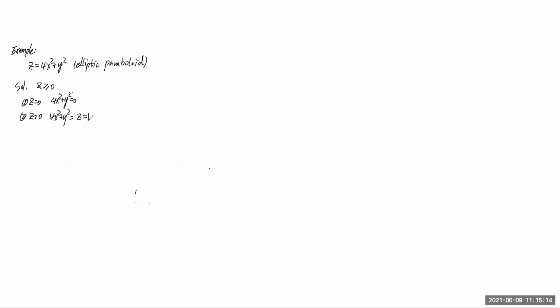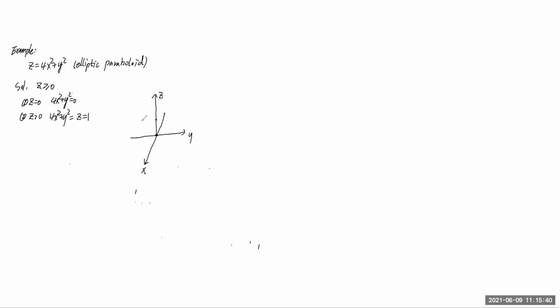Okay, let me draw a picture here. X, Y, Z. When z is 0, it's just one point, right? As z gets bigger, for example, z is 1 at this place, what's this? It's an ellipse.